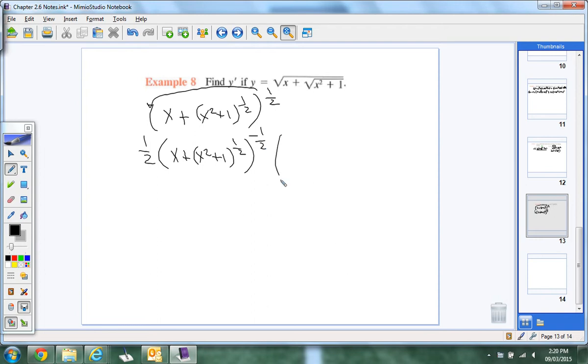So you're going to go times. It's still times. Derivative of that is 1. Okay, derivative of this is going to be 1/2. We drop the half. X squared plus 1 to the negative 1/2. And what's the derivative of the inside of that? 2x. Good. So there it is. Okay, now we're going to work on moving our exponents around and whatnot.